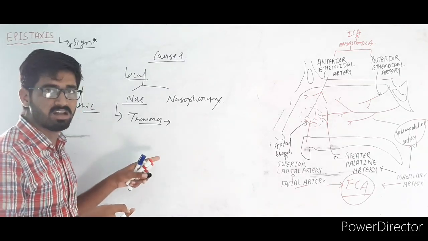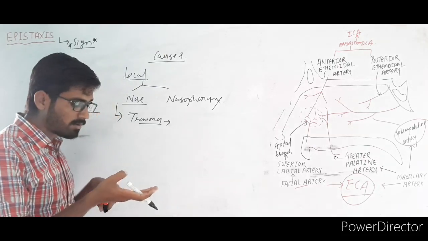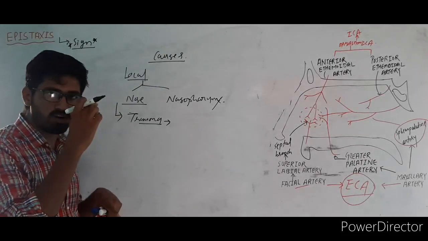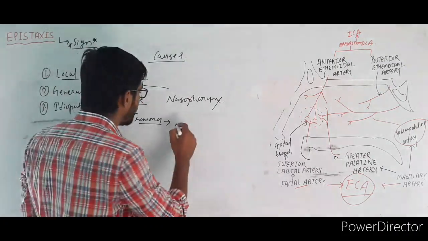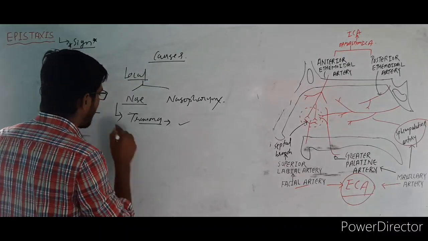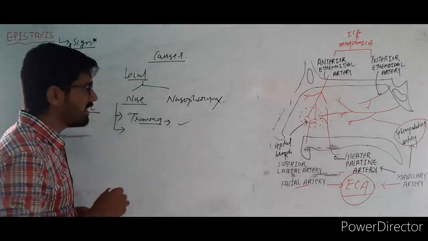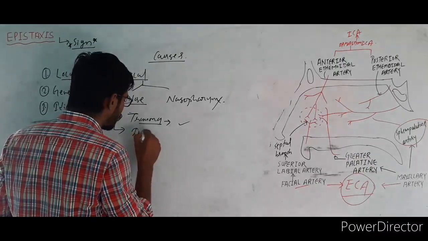Fingernail trauma may be there. Surgical trauma will be there. A fracture of the middle third of the face can also lead to trauma. These are all the things under trauma. After trauma, we have to see whether there is any inflammation or not.